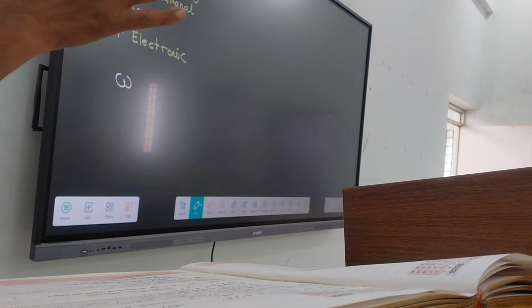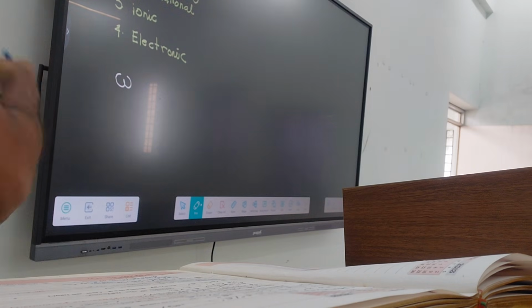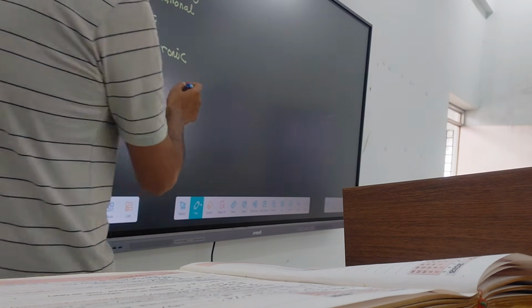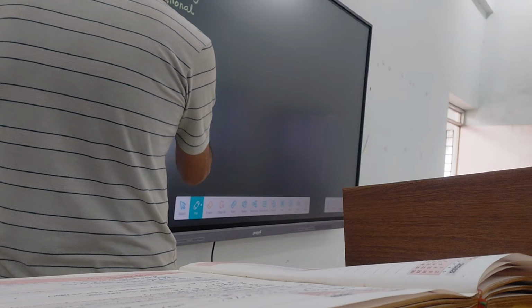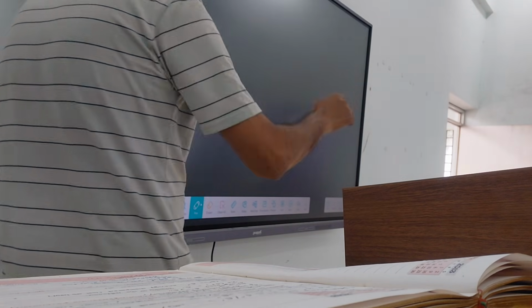Now electromagnetic spectrum, तो अगर शुरू से नीचे की तरफ देखो तो you can categorize the EM spectrum into basically 7 different classes.